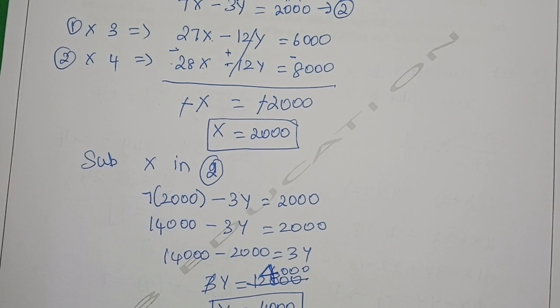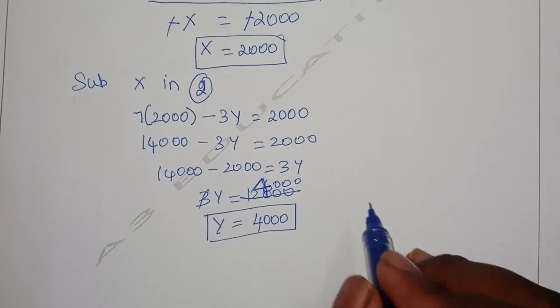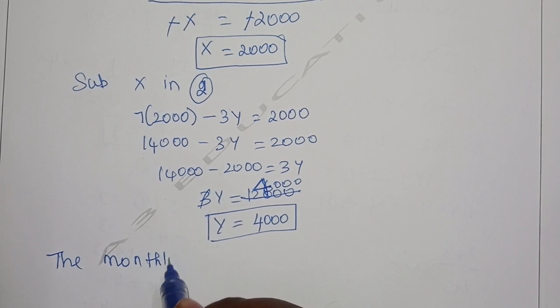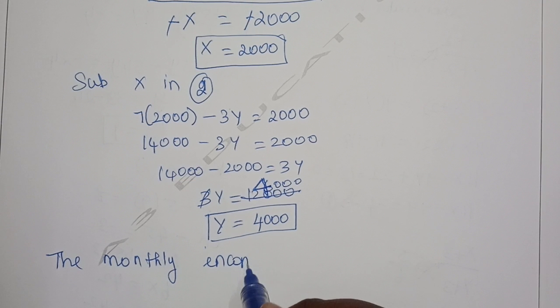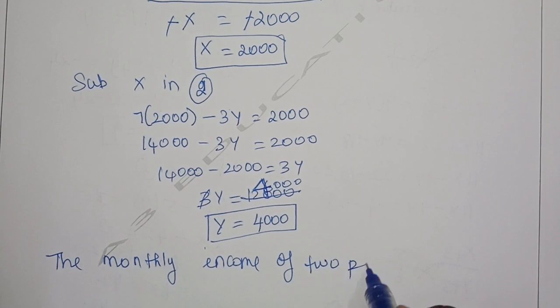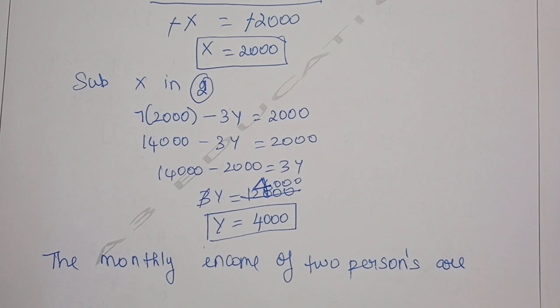Therefore, find the incomes. We should write the monthly incomes of the two persons.